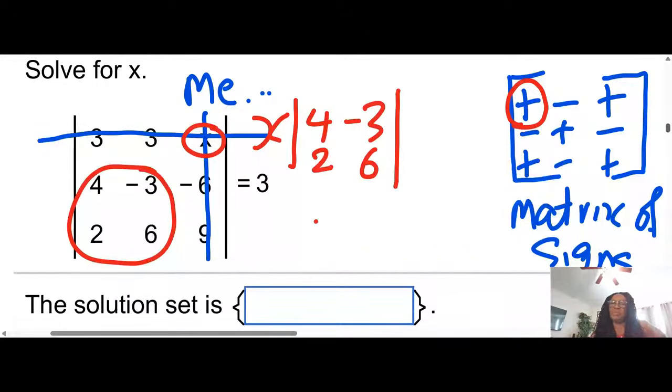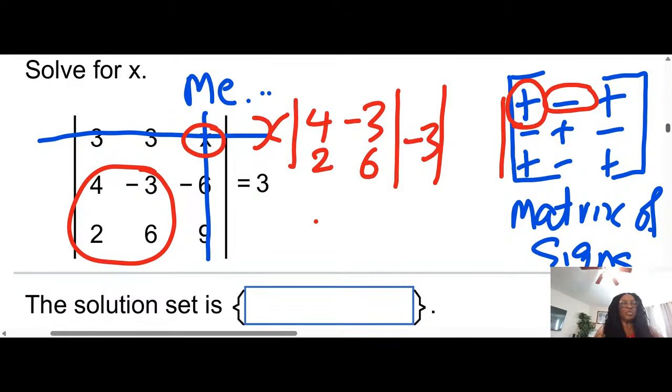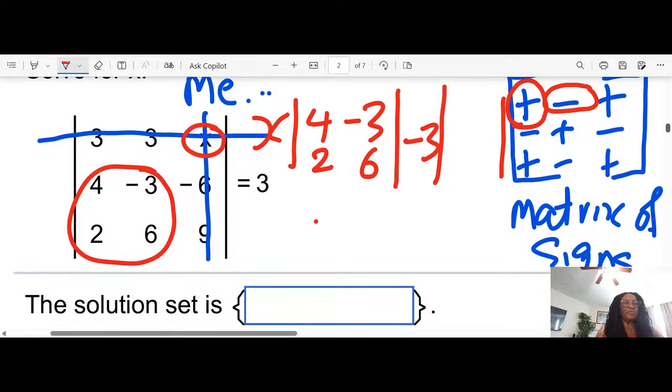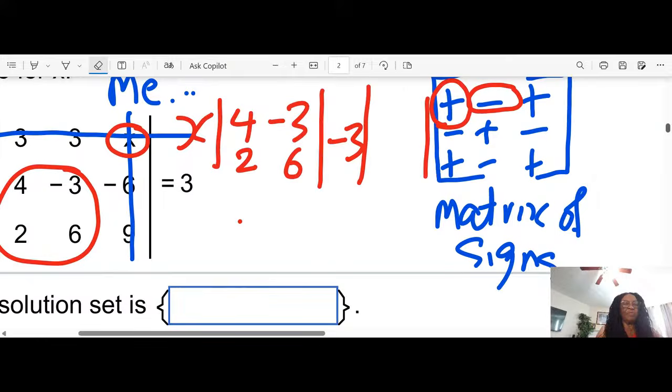The next one I'm going to look at is the second number in row 1, which is 3. The matrix of signs says it should be negative, so negative 3. Then I will collect my 2 by 2 matrix. So let me clean up a little bit.